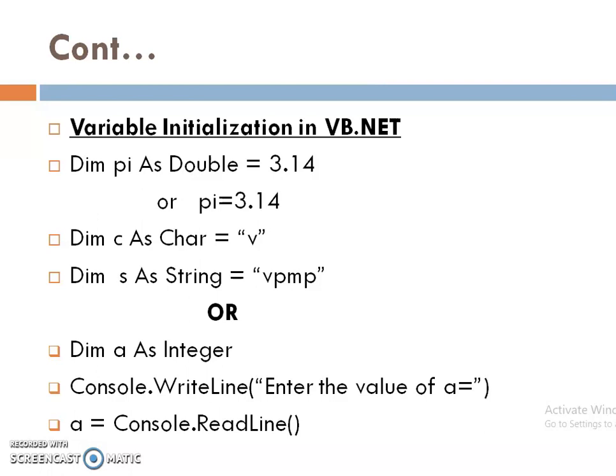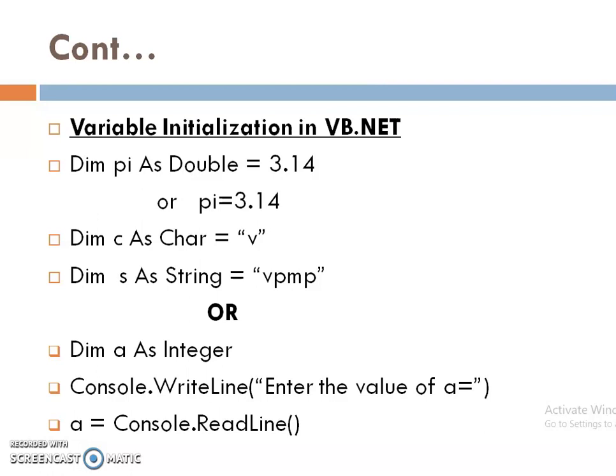Now we use the dynamic form, which means we give the value of any variable at runtime using the WriteLine function or ReadLine function, like this: Dim a As Integer. First we declare the variable, then we give a message to the user using Console.WriteLine and the message "Enter the value of a".